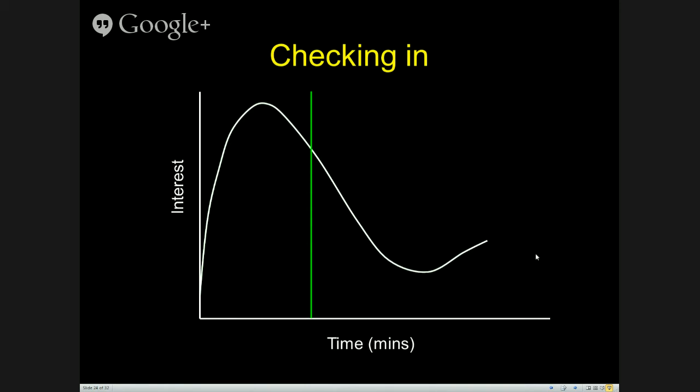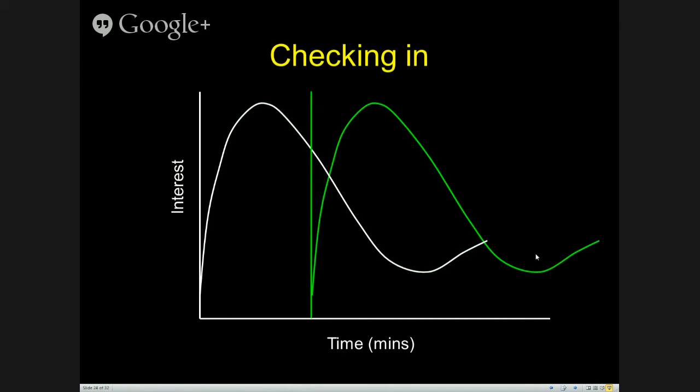Now, the trick to overcome this is to know at what time to do a technique that is called checking in. And essentially it is to jig the presentation in such a way that we reestablish a peak in interest.